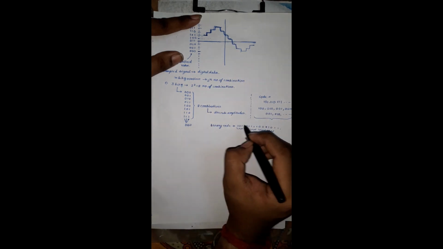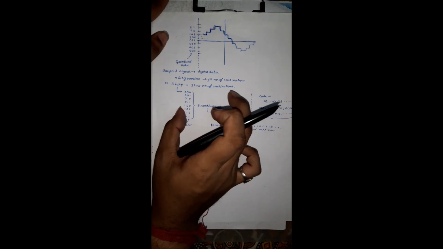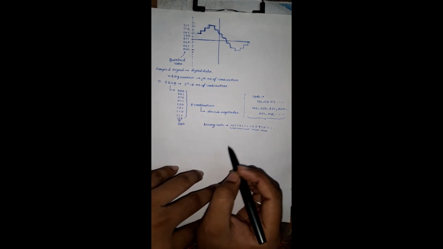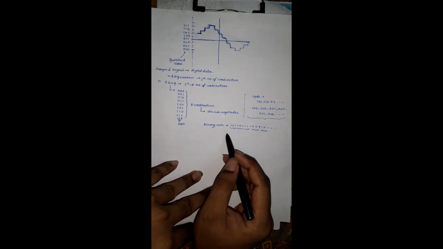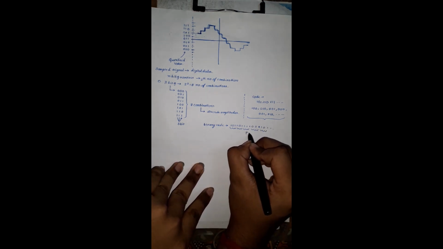As the 3-bit combinations are generated serially, the bit pattern that we are getting is continuous ones and zeros with several combinations, and this is nothing but our PCM code.